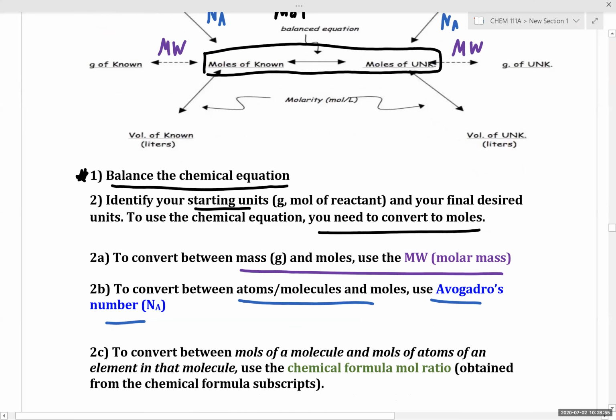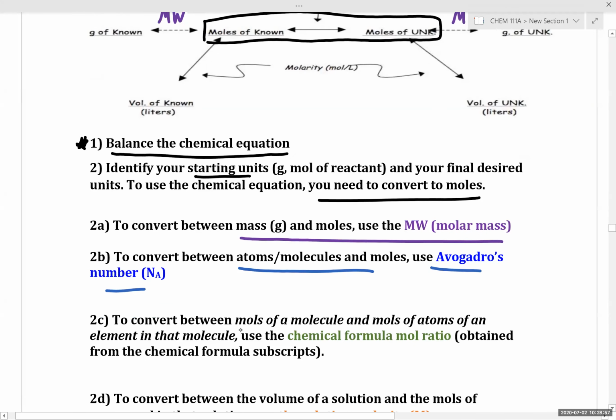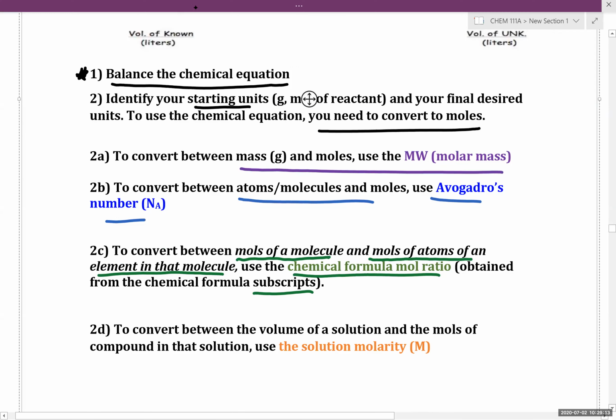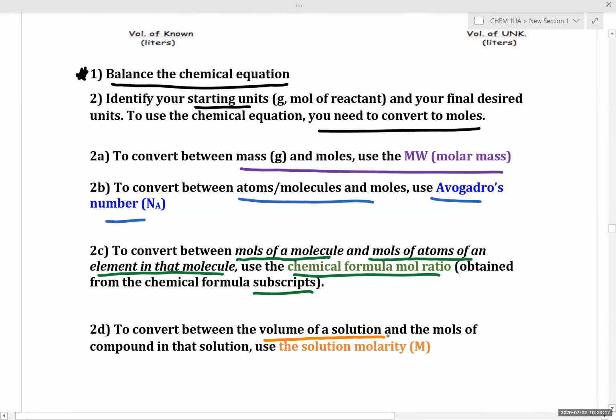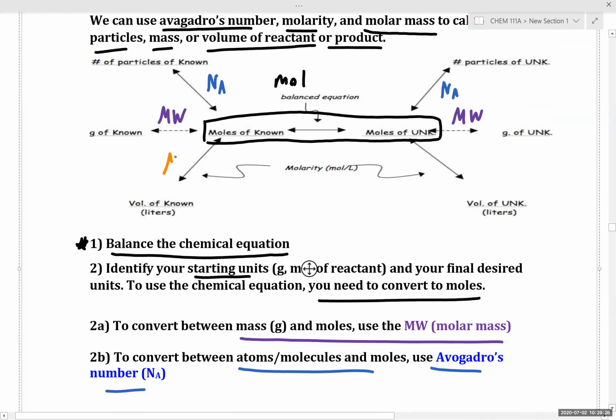This one's a little bit interesting. If you want to convert between moles of a molecule and the moles of an atom of an element in that molecule, you use the chemical formula mole ratio, which is obtained from your subscripts. And finally, if you want to convert between the volume of a solution and the moles of compound in the solution, you use molarity. That's where this volume term comes from.